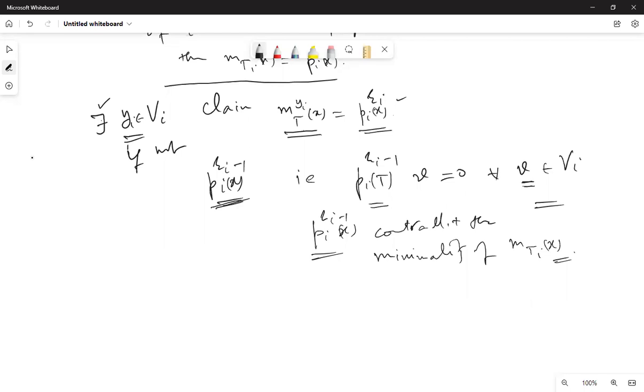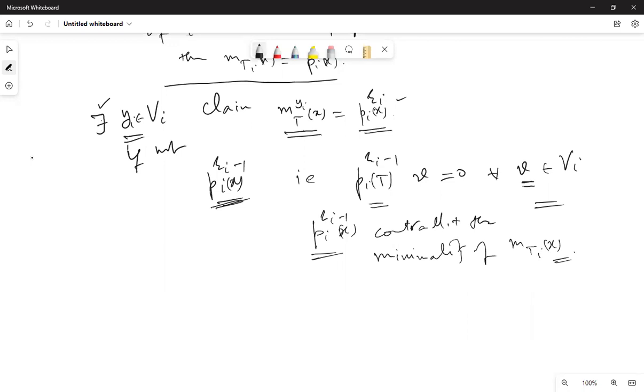Why exactly ri minus 1? Could it be something like ri minus k? What can be the one degree less than that? You just think upon that.